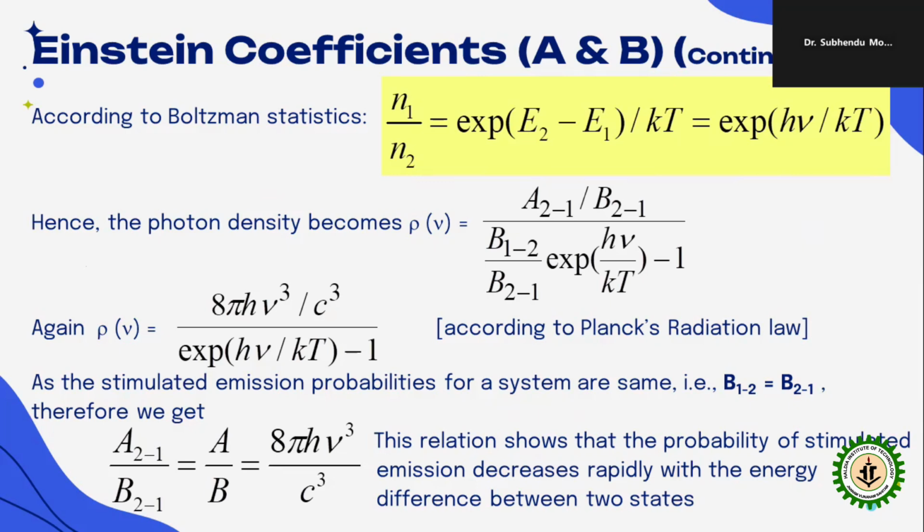That means B, the stimulated transition coefficient, will decrease with the increase of the energy separation between the two states, that is h nu. This is crucial, because if we don't get the stimulated transition process, we will not get lasing action. So for higher frequencies, we don't get efficient lasing action, according to Einstein's AB coefficient.